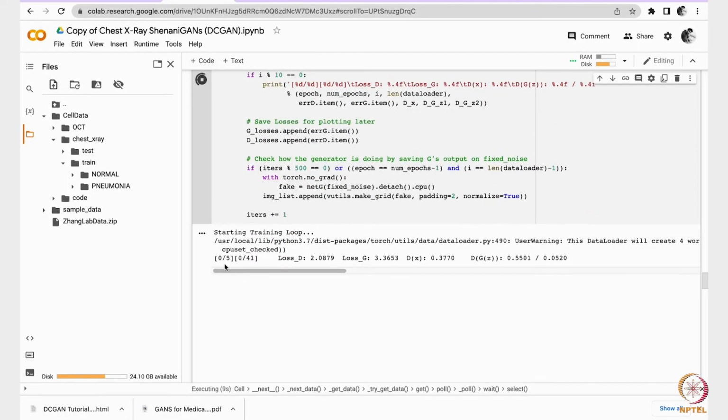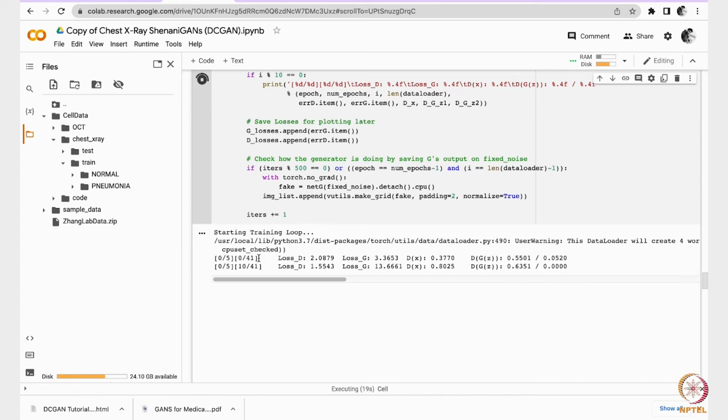See here, this is the first epoch out of 5 epochs, and inside that first epoch we are observing the first iteration out of 41 iterations. This is the 10th iteration. These are the loss values of the discriminator and the loss values of the generator.